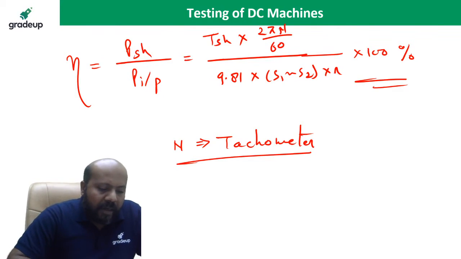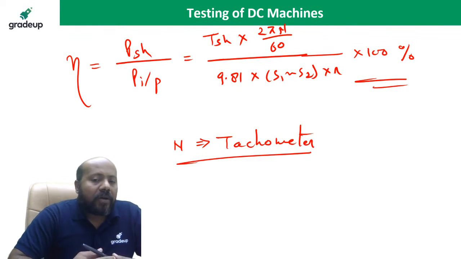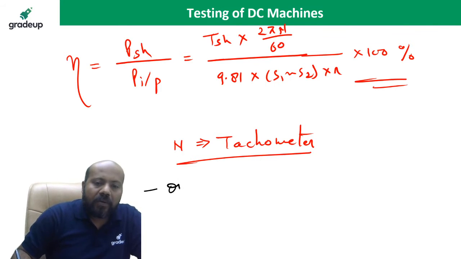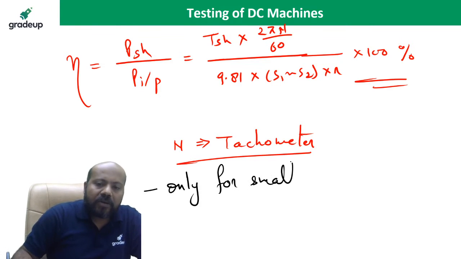But if you see the brake test, because you are not allowing the motor to rotate, whatever power you are taking from the supply is going to be wasted. So generally this test we perform only for small size machines.